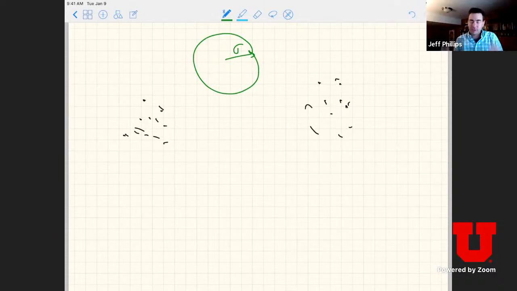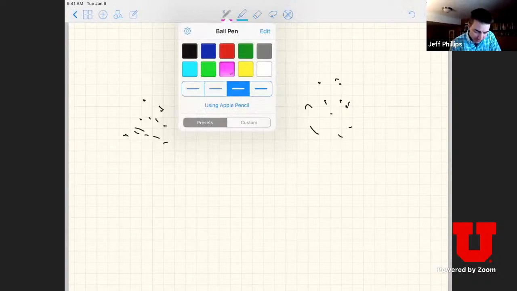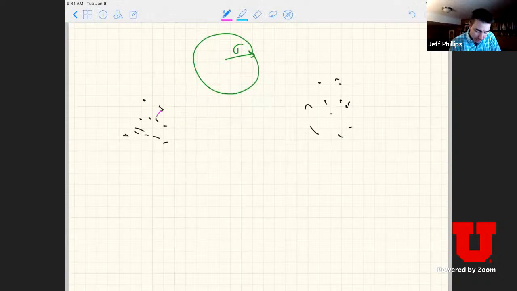But if sigma is about this, then after one step, all these points are going to move in here, closer together, and these are going to move closer together too. I'm going to get these points after one step, and then after the next step, they're going to move closer together until they're all basically at the same spot. And I'm going to get these two clusters of points.